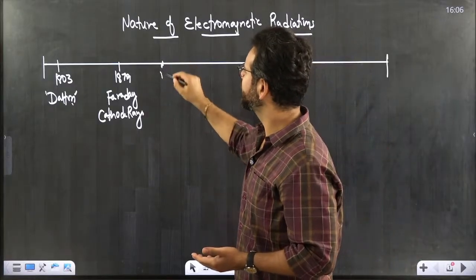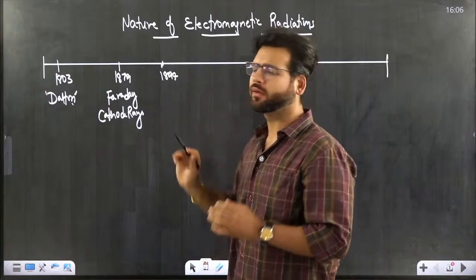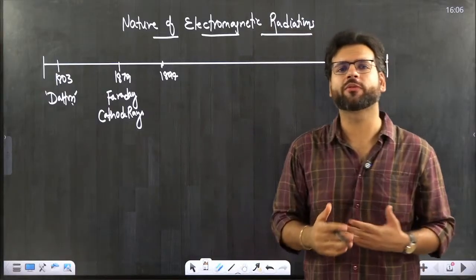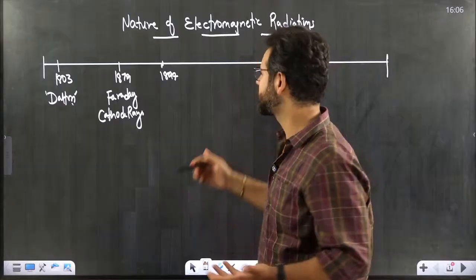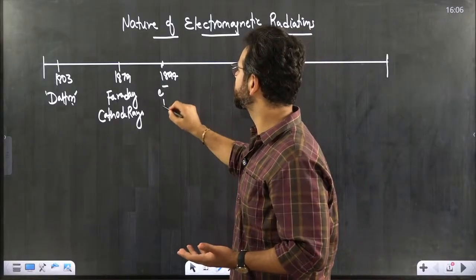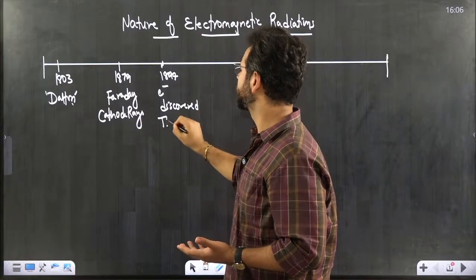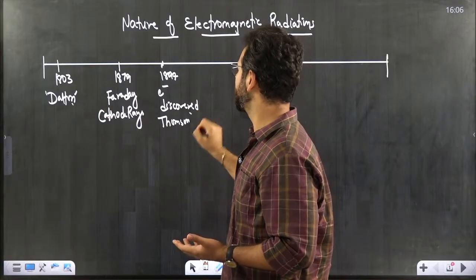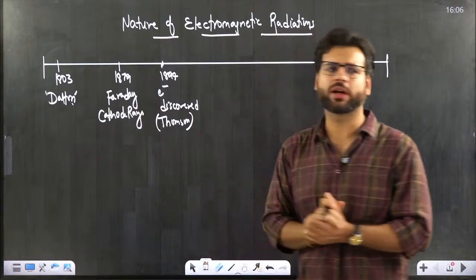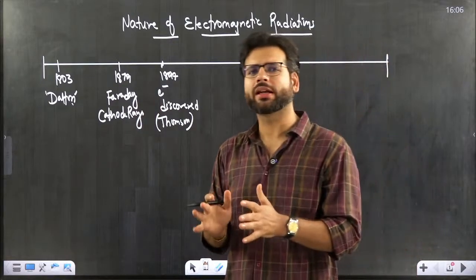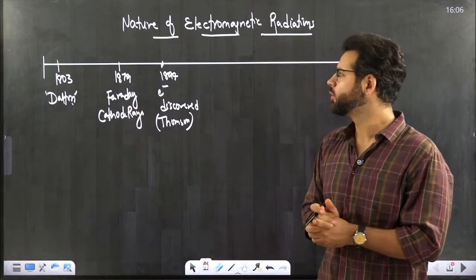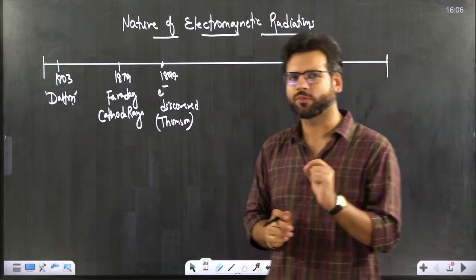Around 1897 is the first time when people came to know that yes, atom can be further broken down into smaller particles like electron. So electron was discovered by J.J. Thomson. So you can see how much time it took from 1803 to 1897. Almost 95 years it took to just prove Dalton wrong.